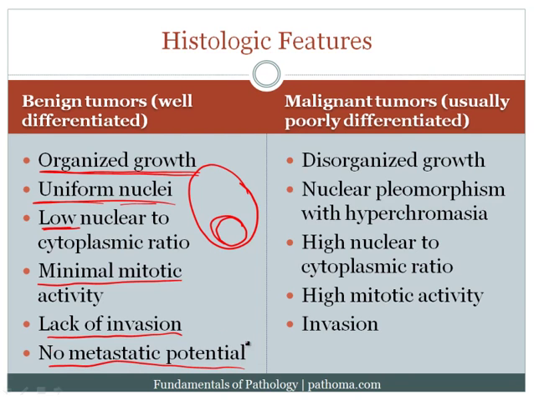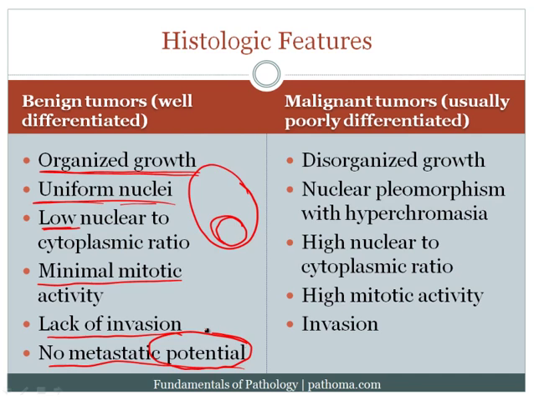And again, this word potential is important because when a biopsy is performed and I see a certain pattern and I call that, for example, a benign tumor, like in the breast, a fibroadenoma, I know that fibroadenomas don't metastasize historically in all the patients that have had fibroadenoma. And that's what makes it benign. And so it has no metastatic potential in the patient who's now developed a fibroadenoma as well. So those are some histologic features of benign tumors.